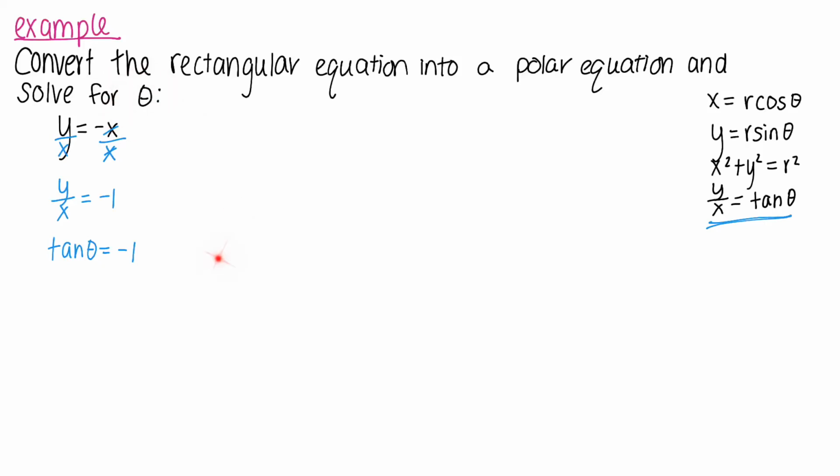The reason the r went bad is because we're trying to solve for theta here. So we're going to need to take tan inverse on both sides. We get theta is equal to tan inverse of negative 1. And you can plug this one in your calculator, or you can remember back to when we talked about inverse trig. But this will give you theta is equal to negative pi over 4. And that would be your answer, solved for theta.